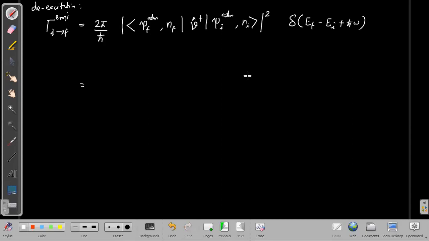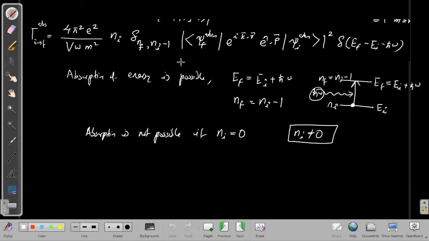If you do all the simplification, I can show that this becomes 4π² e² divided by m² ω V, then n plus 1, the Kronecker delta. Earlier we had the Kronecker delta n_f comma n_i minus 1.